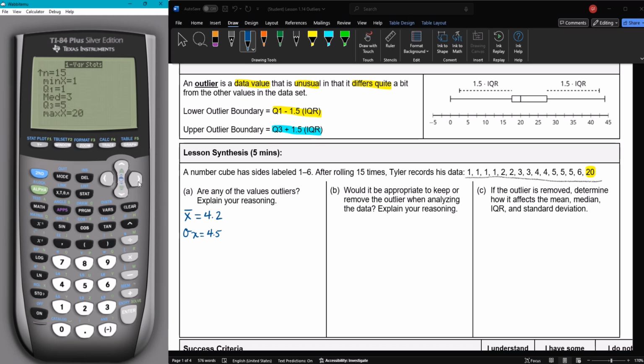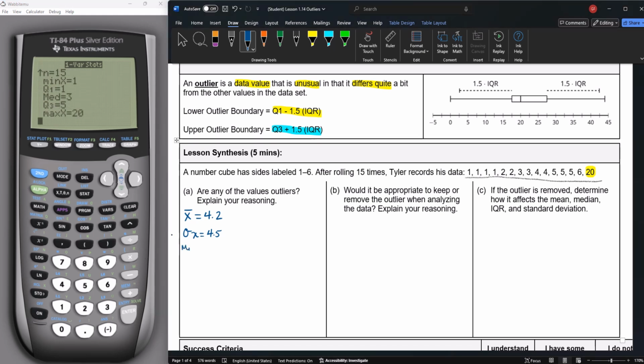You want to find your minimum, which is 1, your Q1, the lower quartile, which is also 1, your median, which is 3, your Q3, which is 5, and then your maximum in this case, which is 20.